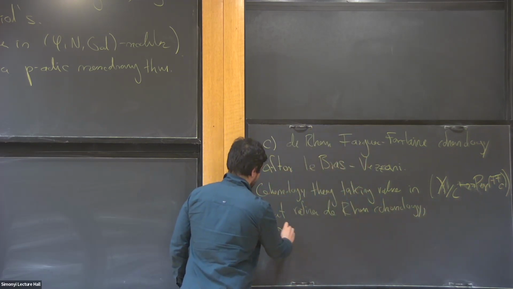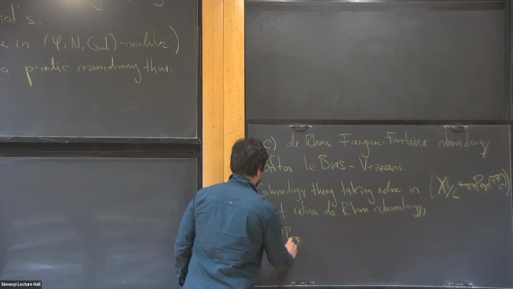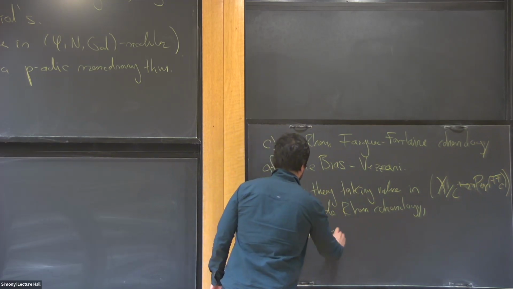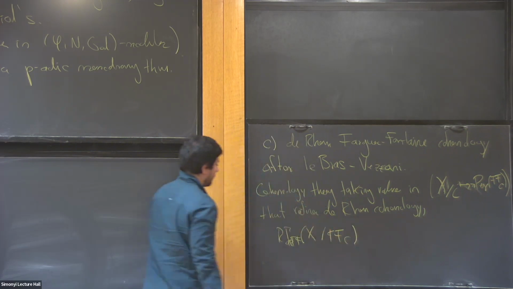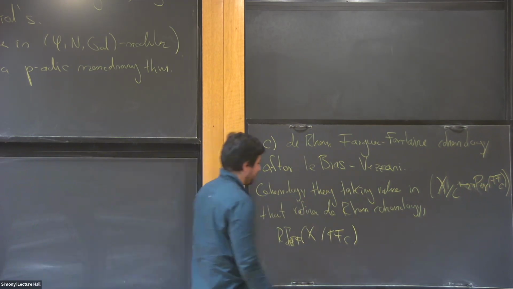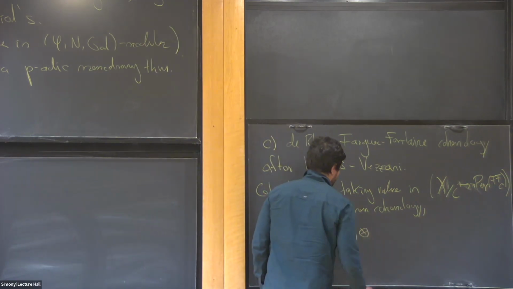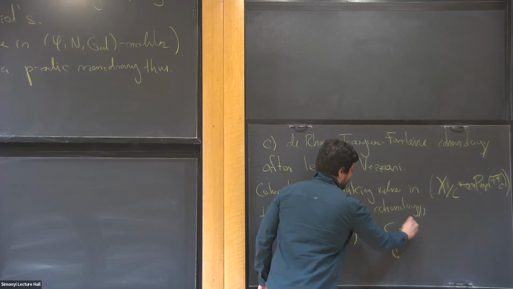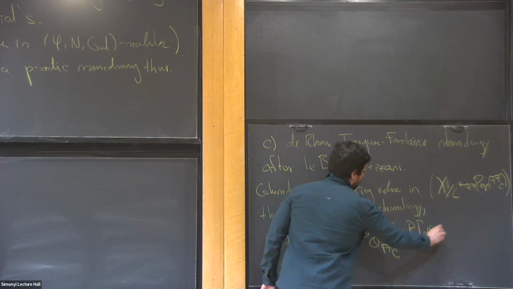Meaning that if you take this Fargues-Fontaine cohomology of X over the Fargues-Fontaine curve of C, refined by Bras-Vezzani using motivic methods, and you base change from this to C, you just get the usual de Rham cohomology.